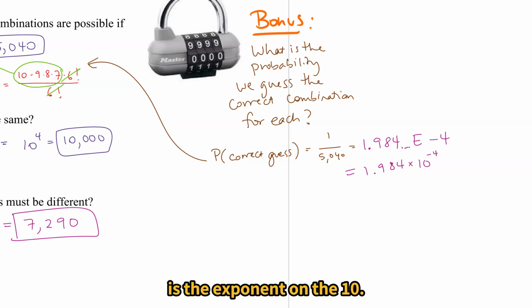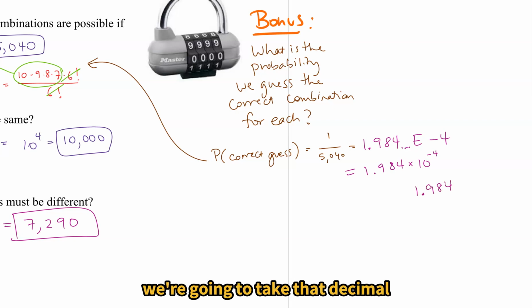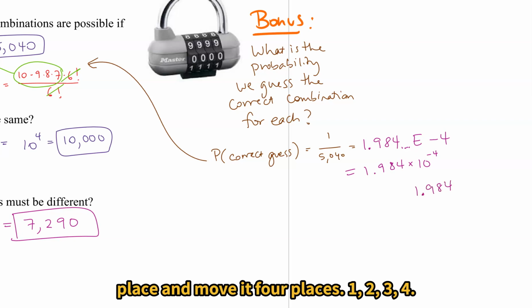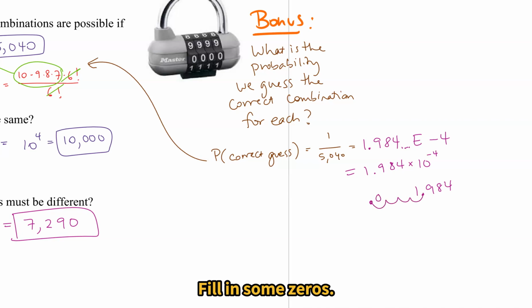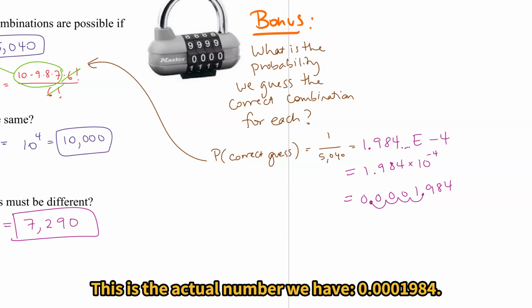The negative 4 is the exponent on the 10. All this means is this 1.984, we're going to take that decimal place and move it 4 places. 1, 2, 3, 4. Fill in some zeros. And this is the actual number we have, 0.0001984.